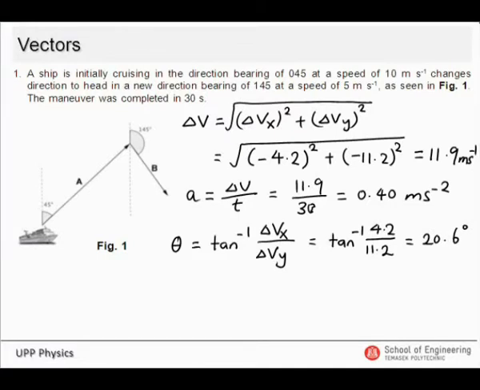Now you may wonder, how do I get this ratio? Why is it change in Vx over change in Vy? If you remember, the sum of the horizontal components is in the negative direction. So let me plot it out. My change in Vx, remember the sum is minus 4.2.